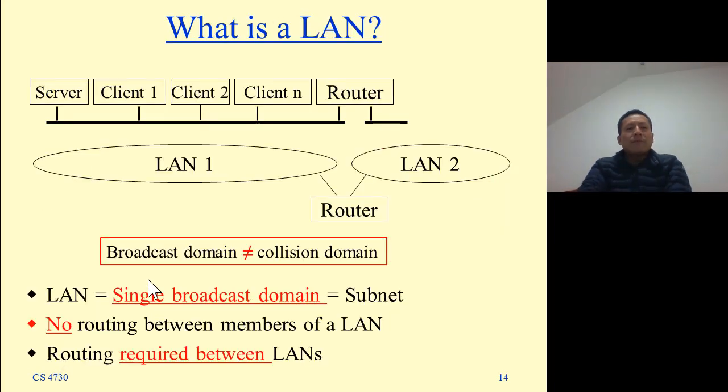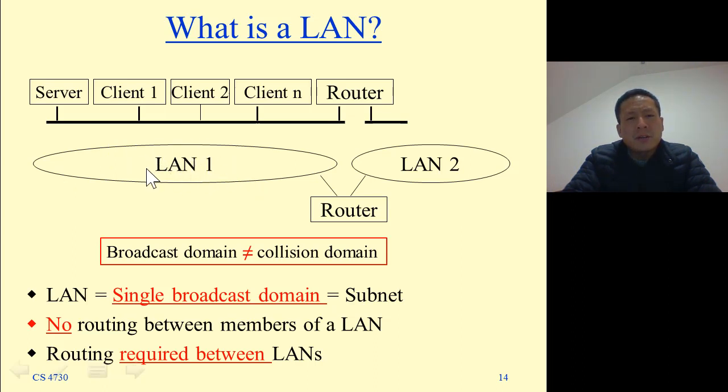And for LANs, a very important concept you have to be careful about is that a local area network is actually a subnet. A subnet or a LAN is usually a broadcast domain, which means that when you send a packet, that's the range within which you can do broadcasting.